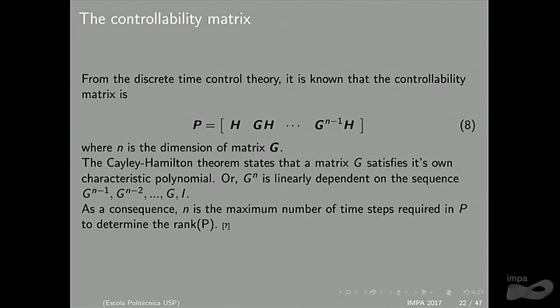And this controllability matrix has several times and powers of G. But G, for our purposes, is the identity. And there is no need to continue in this sequence because of this Cayley-Hamilton theorem that states that there is no more information in the next column here.